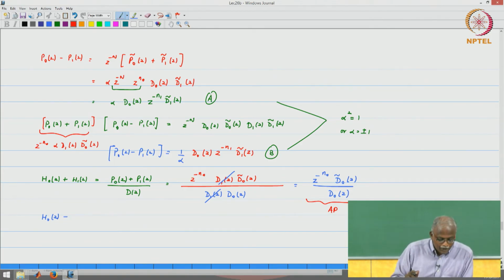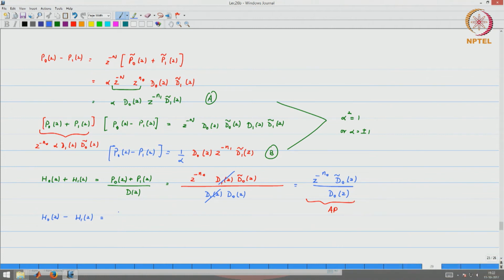Now, h naught of z minus h1 of z can also be verified, and you can show that this is equal to z power minus n1 d1 tilde of z by d1 of z, which is also an all pass function.